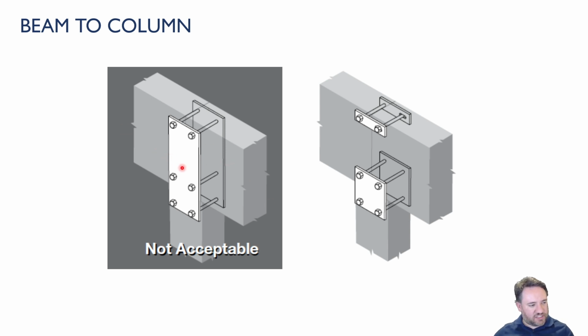So basically, the easy solution to that is don't put a big plate, separate the plates. And here you can see there's even slots provided to ensure that there is some allowance for these beams even to expand and contract longitudinally, especially if they're long. That would be a good idea.